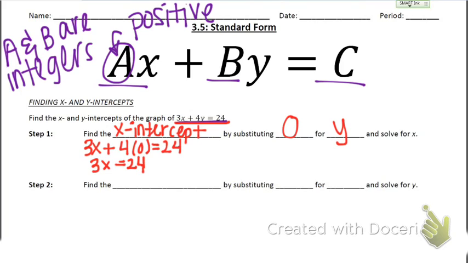And how do I solve for x there? Yeah, divide by 3. So we would get as an answer x equals what? 8. That's your x-intercept. If I wanted you to write it as a coordinate, it would be 8, comma, what did we plug in for y? 0. Okay.